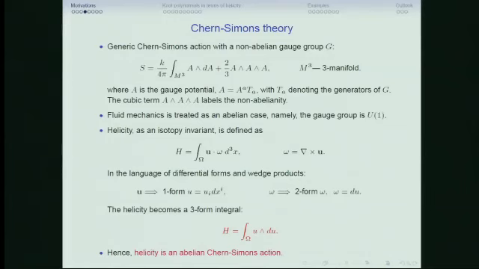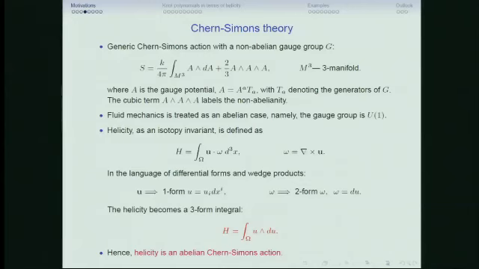Abelian is a degenerate case of non-abelian. In that action, there is a cubic term which labels the non-abelian property of the system. Fluid mechanics is an abelian case, because in fluid mechanics, for most problems, we just care about the base manifold. We don't compute the intrinsic space. So the gauge group is the abelian U(1).